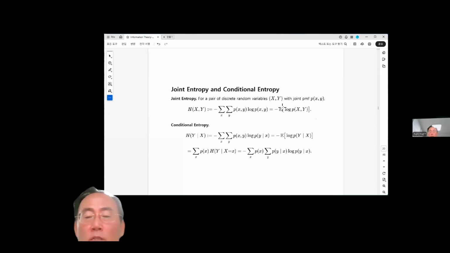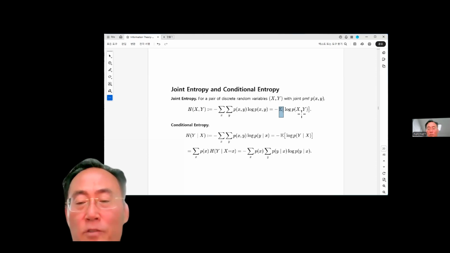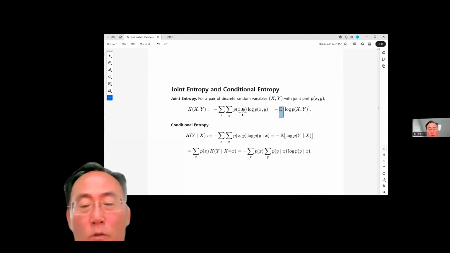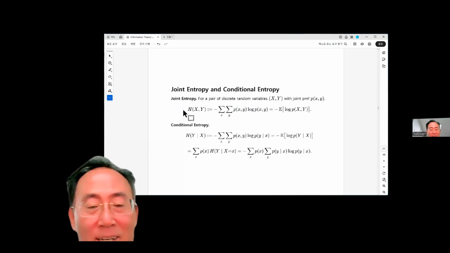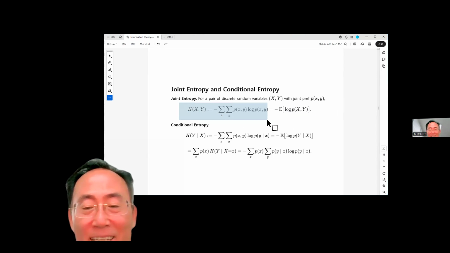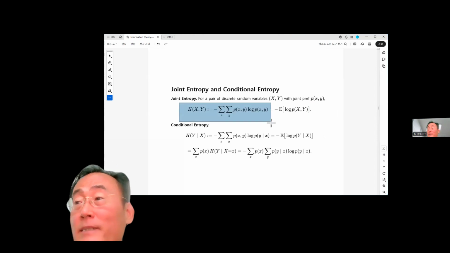So this expectation is due to capital X and Y, which are the two random variables. So we have to take the average based on the joint PDF, which is this one. All right, so that's the first line and the equality explained.